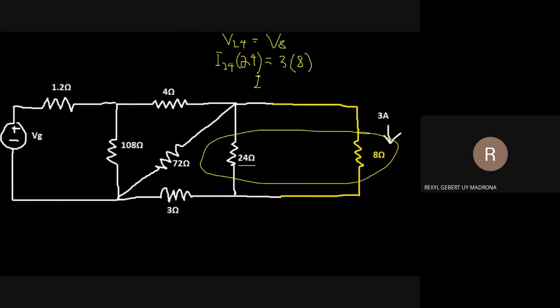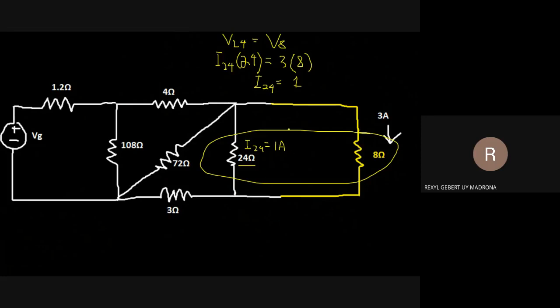And that would give us I in the 24 ohm resistor is equal to 1. I is equal to 1 here.